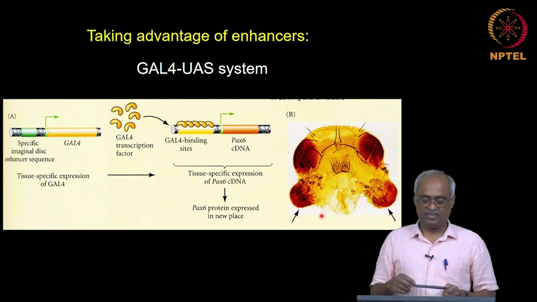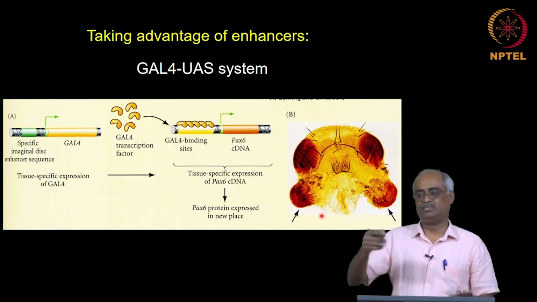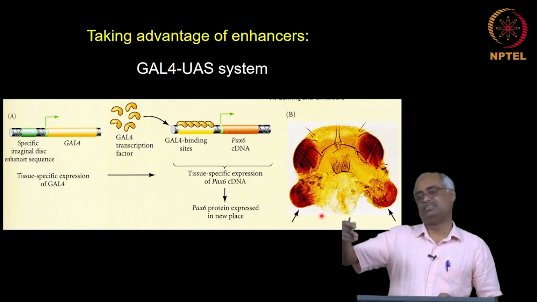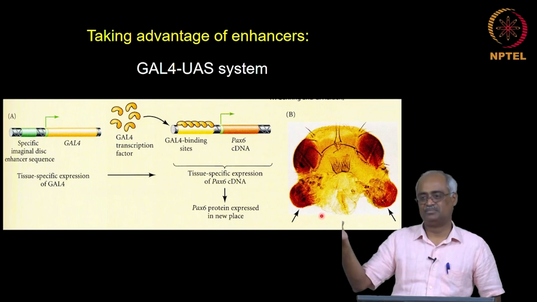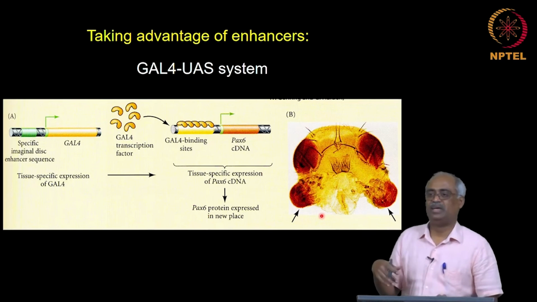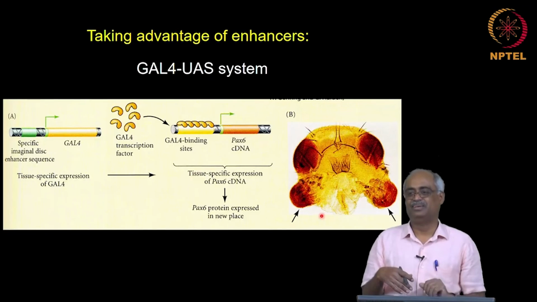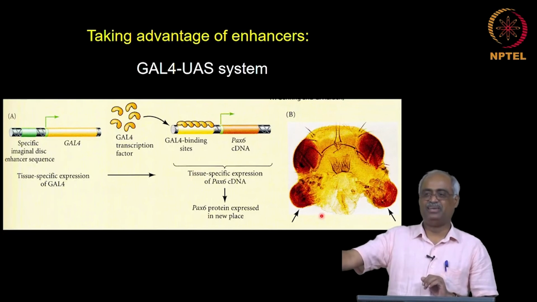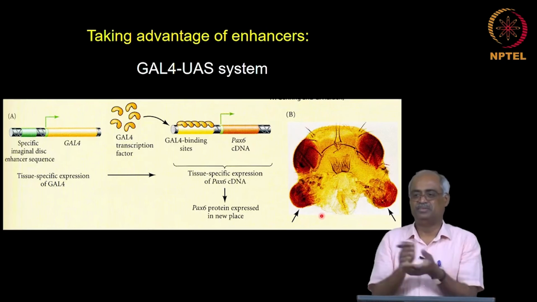So it gives you versatility. For example, I can have this line and cross it with another line where the UAS is for another gene. It gives you that flexibility. I can have a library, where the driver is this and this is the UAS, and by bringing them together I can activate that.